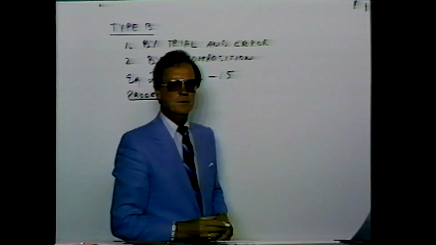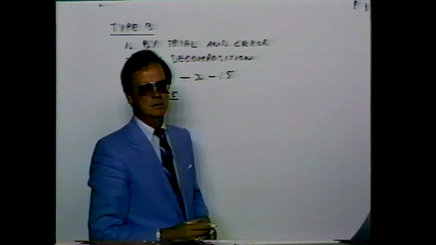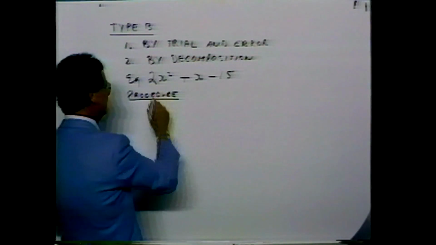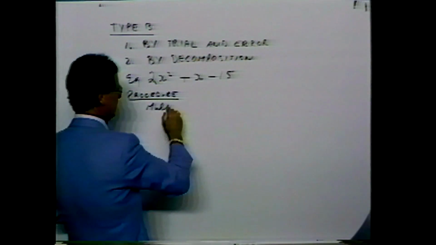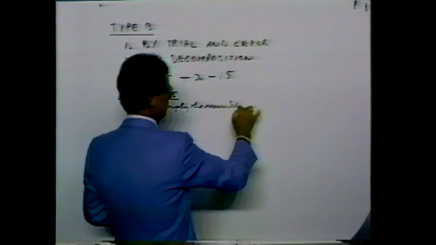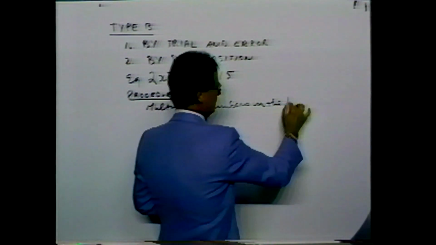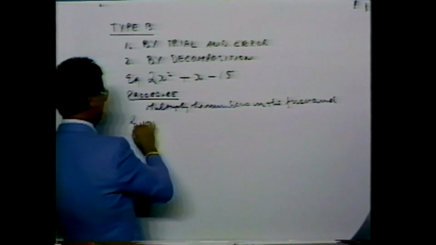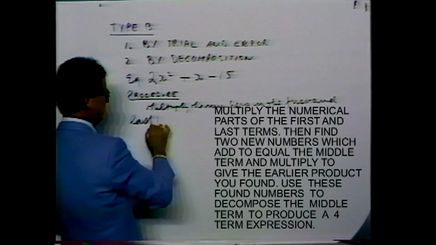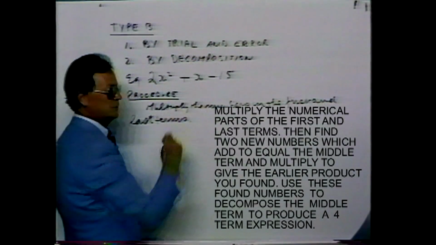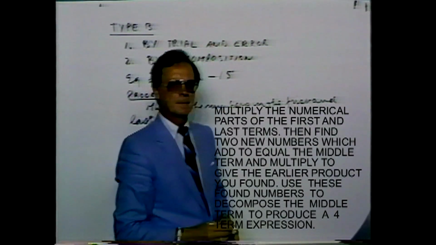Multiply the coefficients or the numbers of the first and last terms. That'll amount to minus 30.